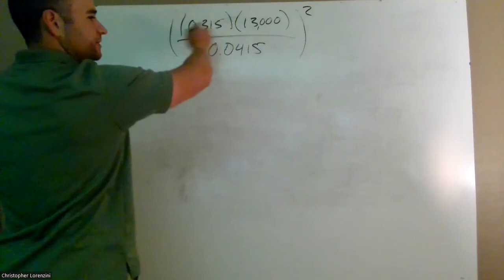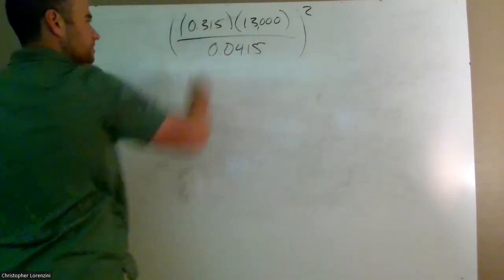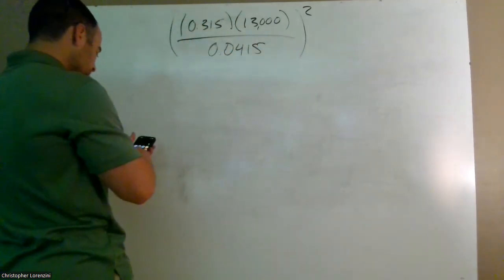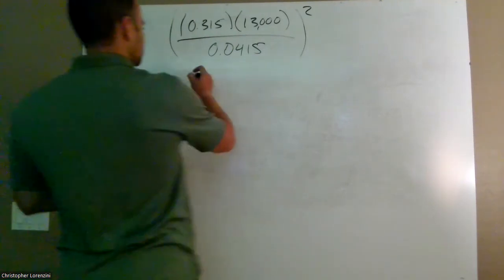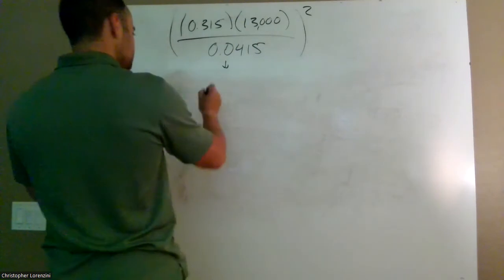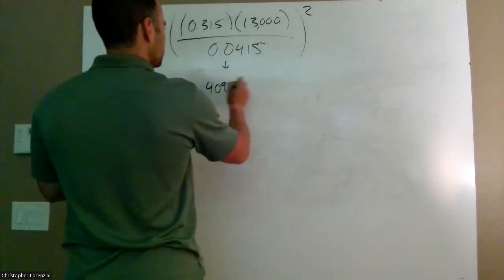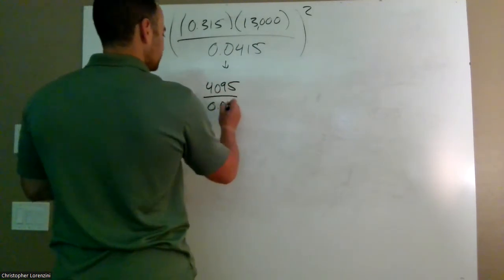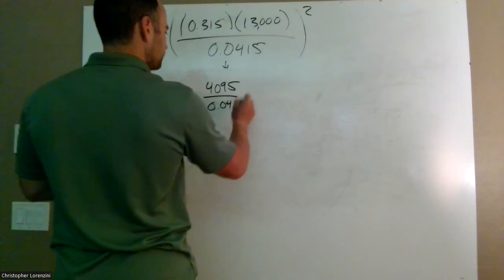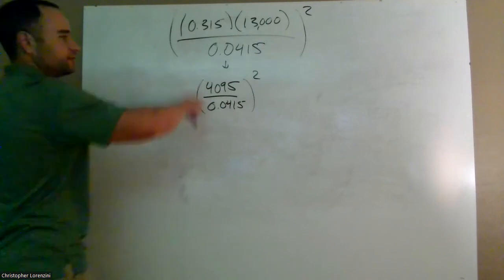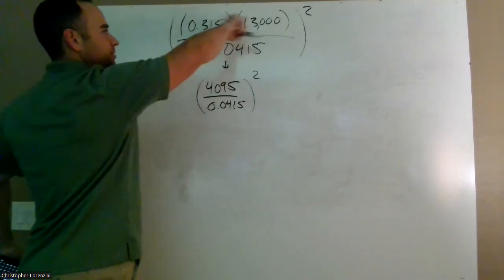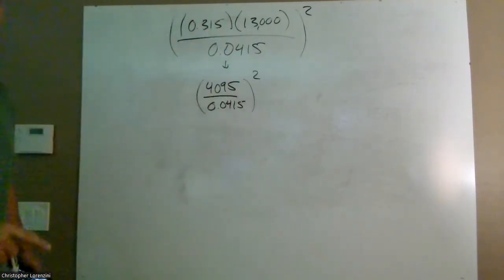I'm going to take everything on the top and I'm going to multiply those together. 13,000 times 0.315. So this right here becomes up top 4095 divided by 0.0415, and everything's squared. All I have done from these two steps is multiply these two together right here.